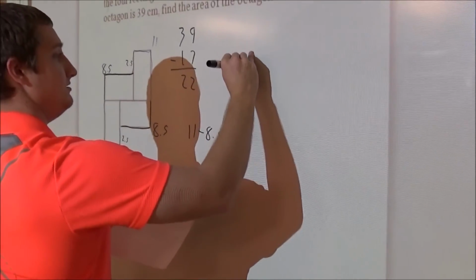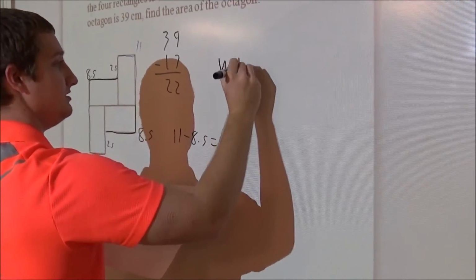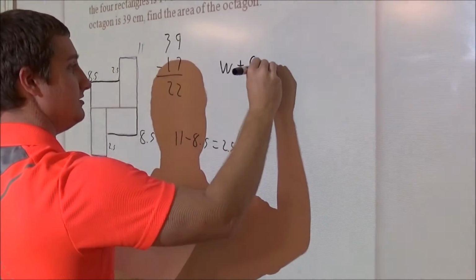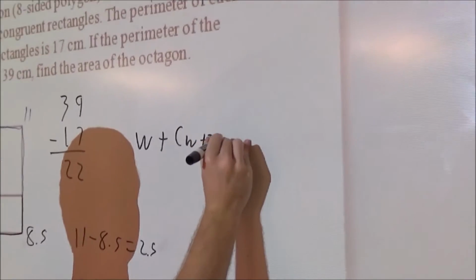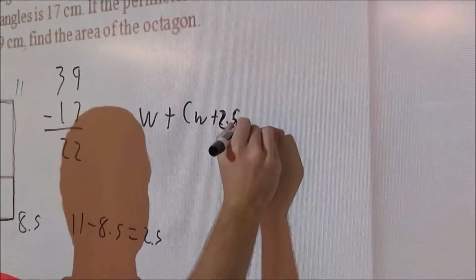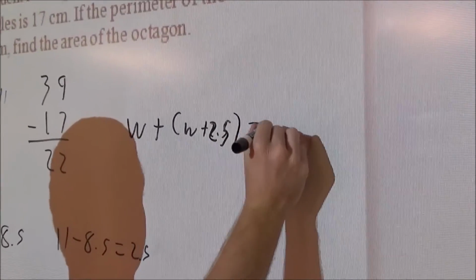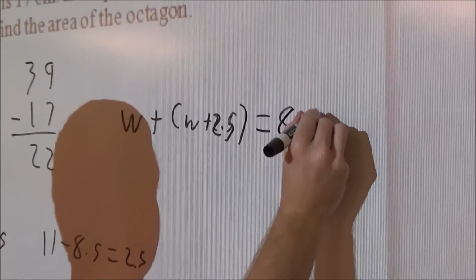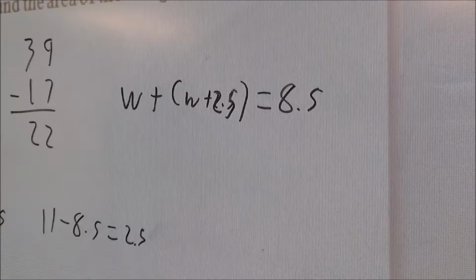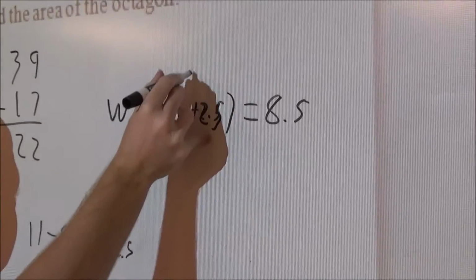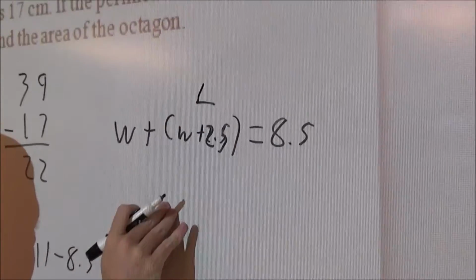So you can say width plus another width plus 2.5 is equal to 8.5. And now the width plus 2.5 is coming from here. We know that together, this is essentially the length.